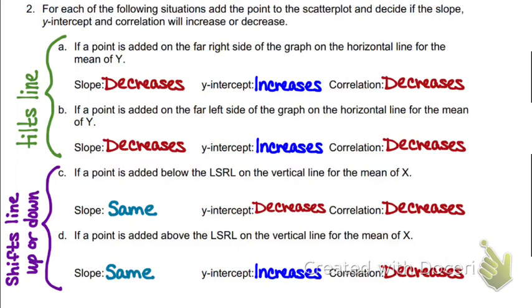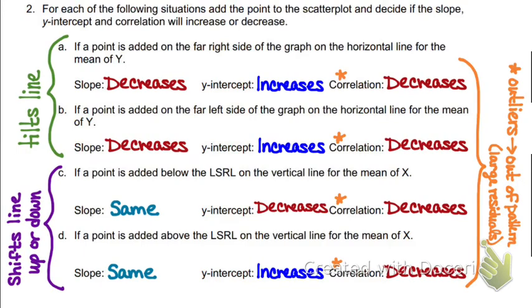What stayed consistent throughout all of these? Correlation. Correlation decreased. Every time we added an outlier, every time we added something that was out of the pattern, something that had a large residual, our correlation decreased.